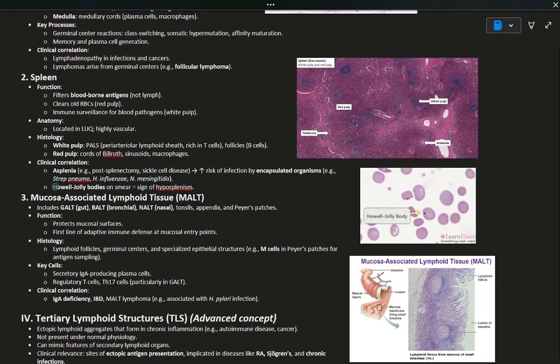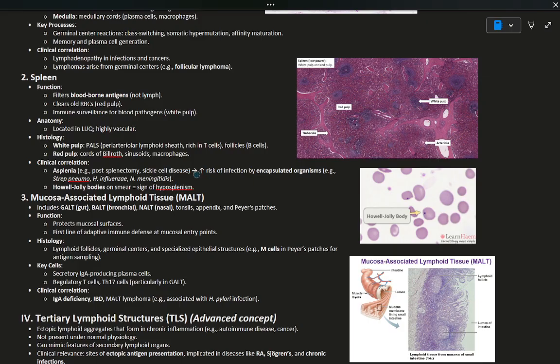And some clinical correlations to think about are number one, asplenia, which can occur due to post-splenectomy or the removal of the spleen. It can also occur due to sickle cell disease.